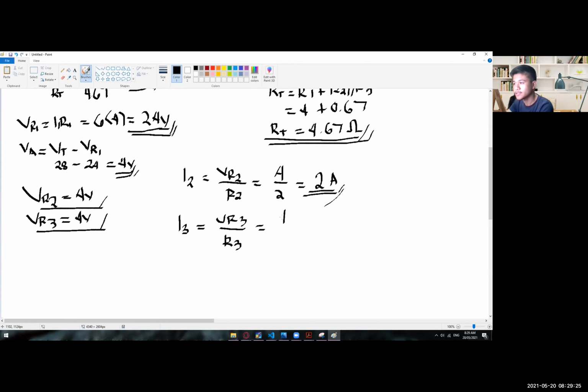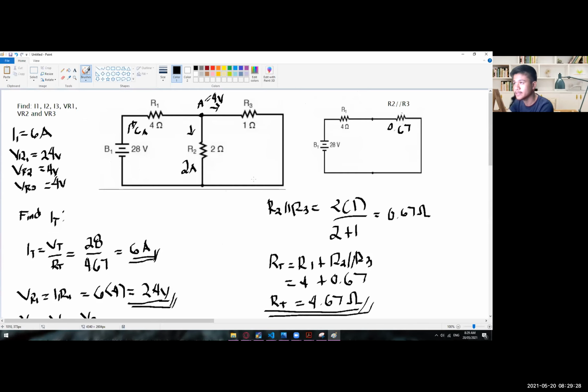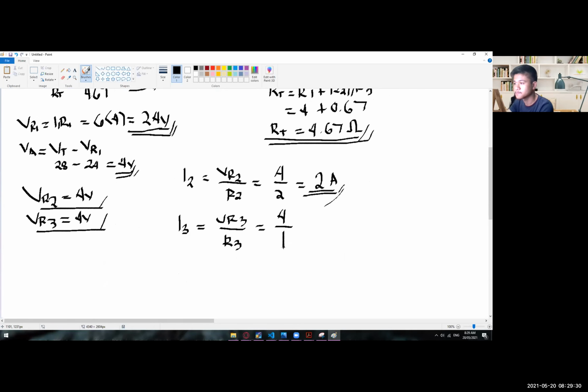So VR3 is 4 volts and then R3 is 1 ohm. So there you go. 4 divided by 1 is 4 amps. Okay. So if you're going to check this one using KCL at node A.